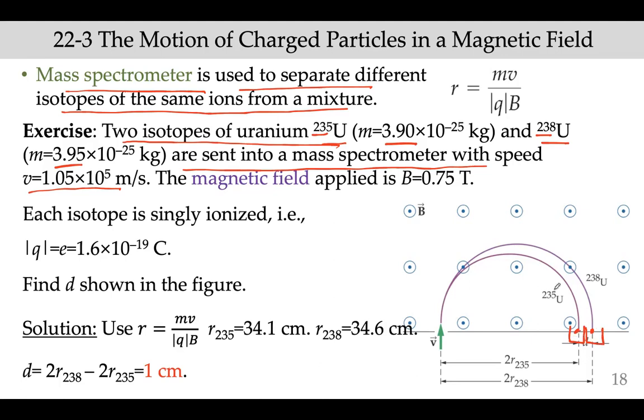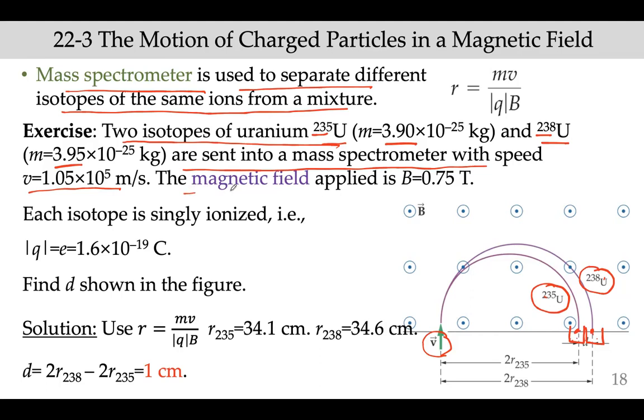You can collect uranium 235 in the left bin, and the other isotope, 238, in the right bin. Initially they were mixed here. The mass spectrometer uses the mass difference and the magnetic field to separate them. Finally, you would have these 2 isotopes separated in 2 different bins.